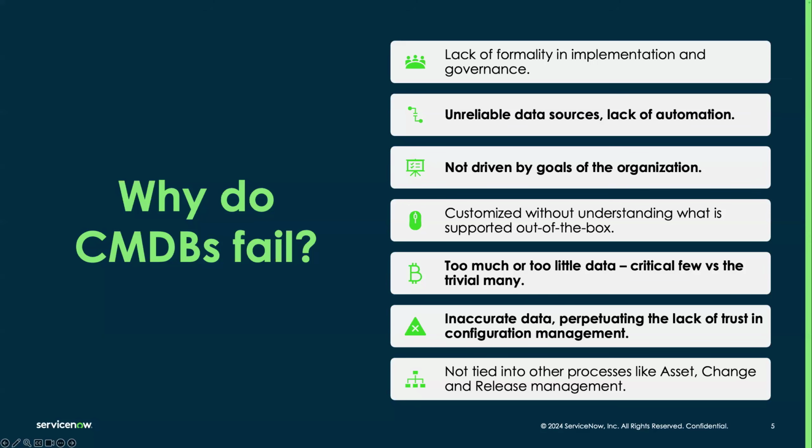Then there are no clear goals that have been set by the organization before implementing the CMDB. So there's not a well thought of process on what needs to be put in there. Then there is either too much or too little data. And sometimes the critical data is not even in there. Or sometimes what should be the critical data is not actually accurate. And when there's lack of trust in the CMDB, that really compromises the overall project.